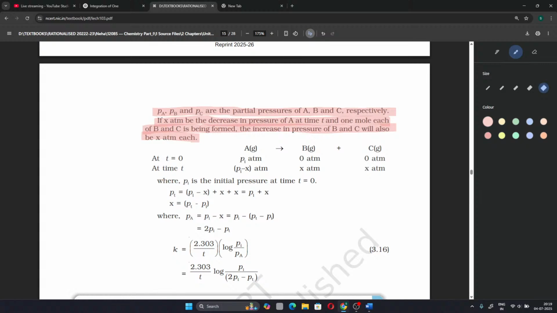Where Pi is the initial pressure at time equals 0, Pt equals Pi minus x plus x plus x.